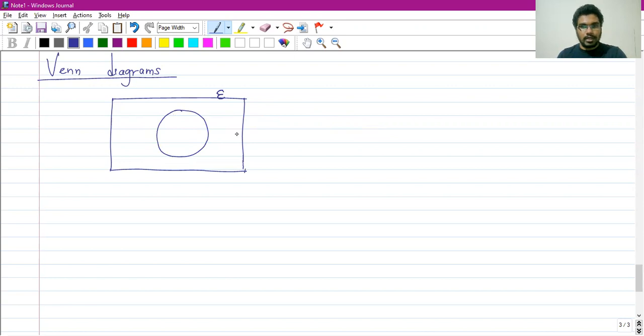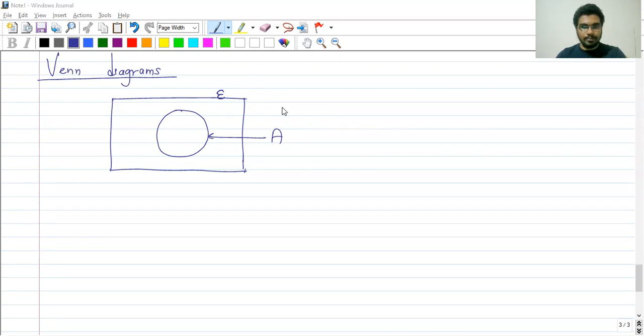So what you have to do is you have to name this one. This circle, it is set A. This whole rectangle is the universal set, and this circle is the set A. So shall we do a small example to understand it well?